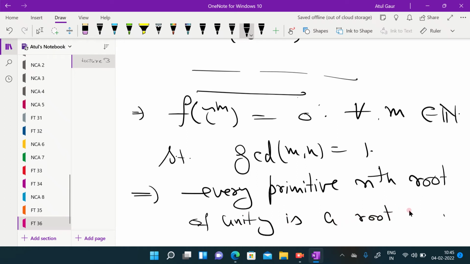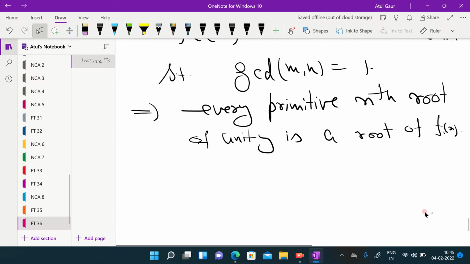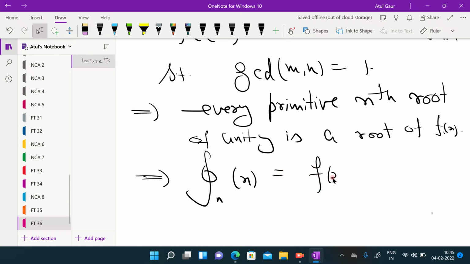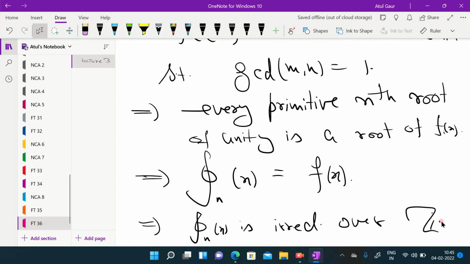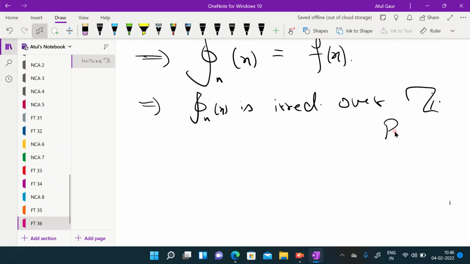Is a root of f(x). And that simply means f(x) has to be Φn(x). And because f(x) is an irreducible polynomial over Z, so Φn(x) is irreducible over Z. So this completes the proof.